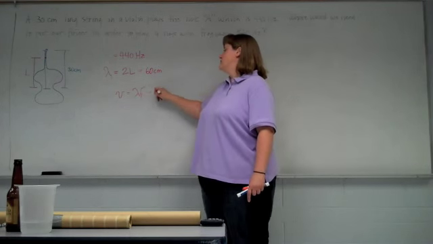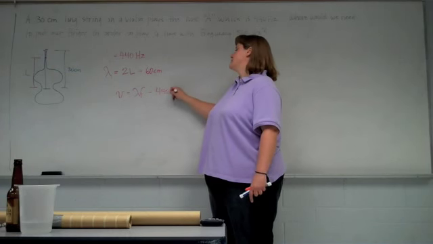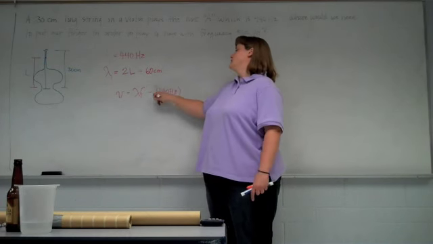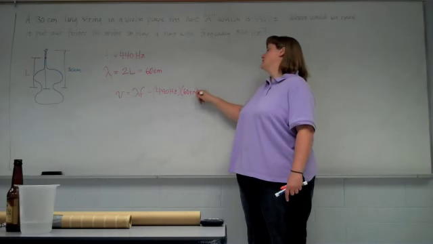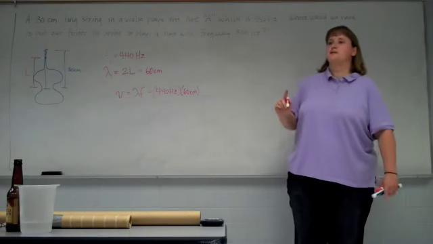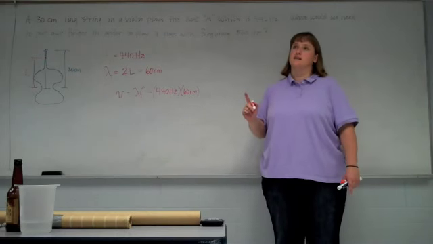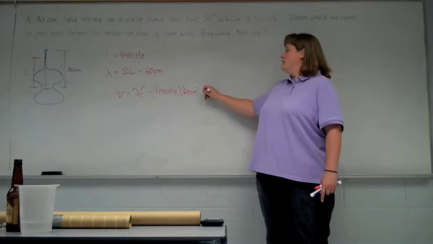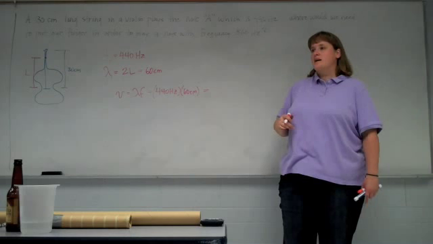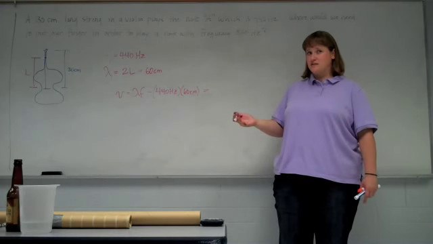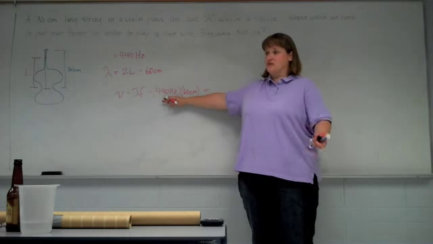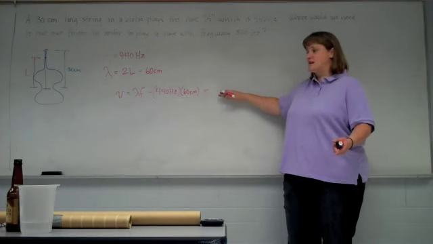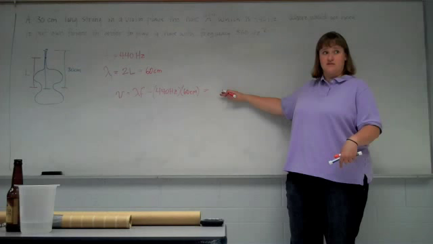So 440 hertz times 60 centimeters. Now, before you grouch at me about units, because that's not going to give me meters per second: if we know the speed of the wave is going to be constant, then we can simply say wavelength times frequency original has to equal wavelength times frequency final.